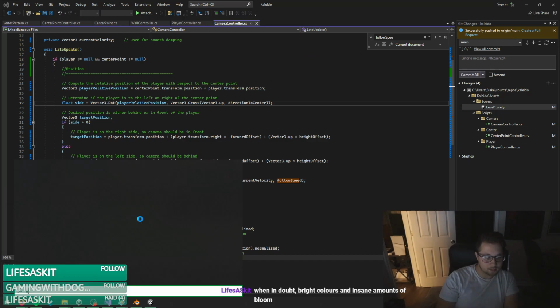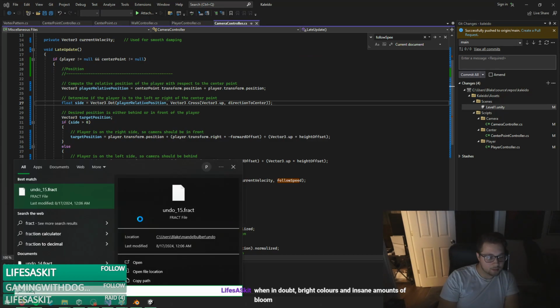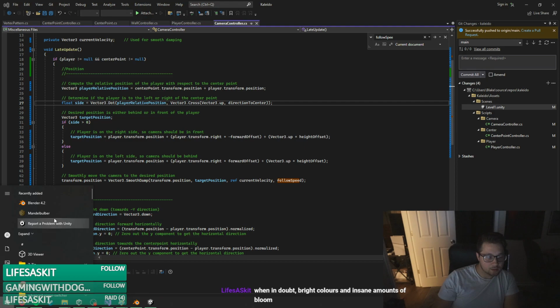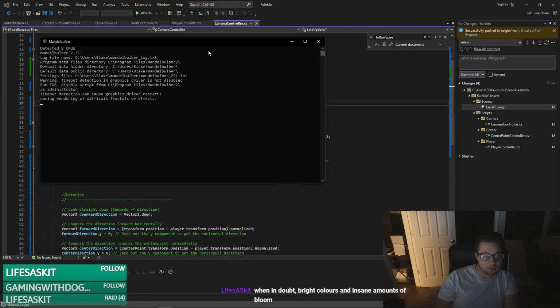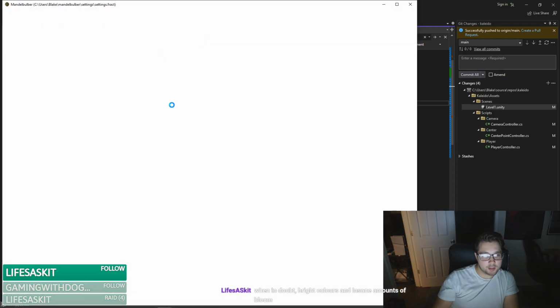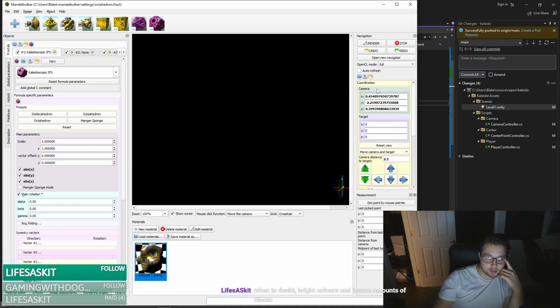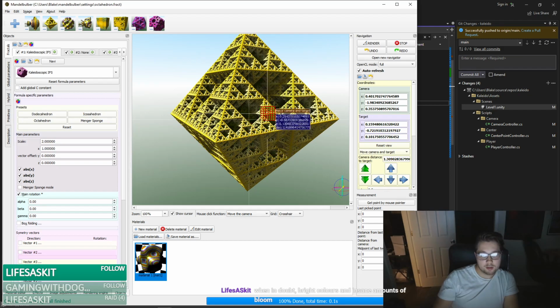Oh, what is that? Oh no. I had a program that I installed yesterday. Here it is, Mandelbulber. This lets you hopefully generate renders of these. What is happening? Auto refresh. Please. Oh, it's okay. Yeah, so this is a giant 3D fractal.